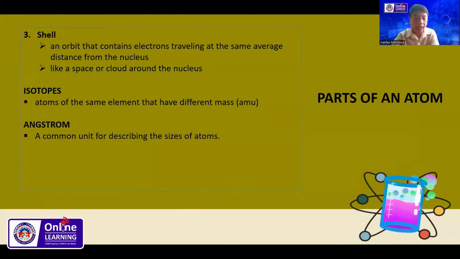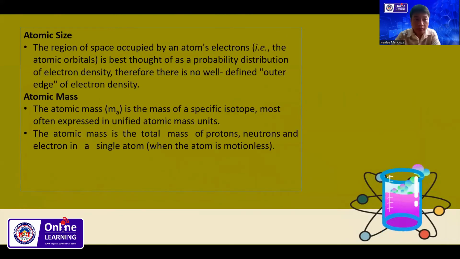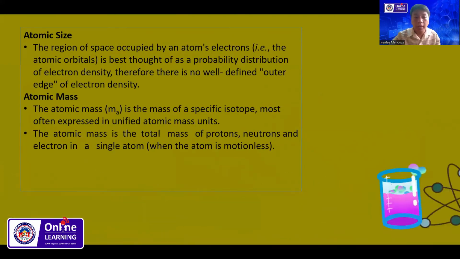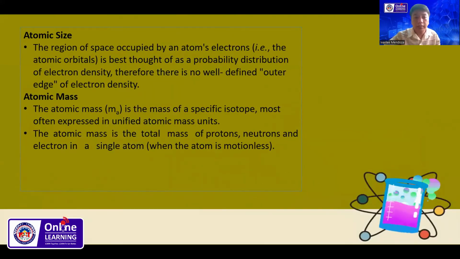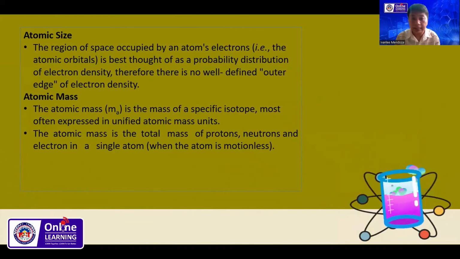Next, some other definitions. We have the atomic size, the region of space occupied by an atom's electrons. For example, atomic orbitals are best thought of as a probability distribution of electron density, therefore there is no well-defined outer edge of electron density.